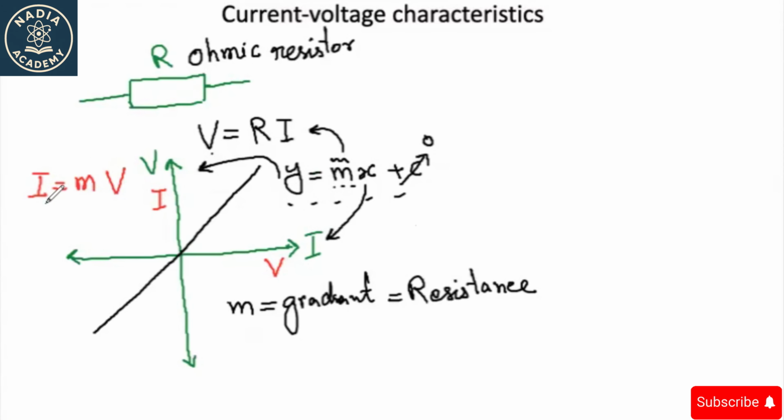So this reveals that the gradient must be equal to 1 over resistance. So be very careful and keep an eye on what is along the x-axis and what is along the y-axis. But according to Ohm's law, it is better to put the potential difference along the y-axis, then Ohm's law is directly understandable.